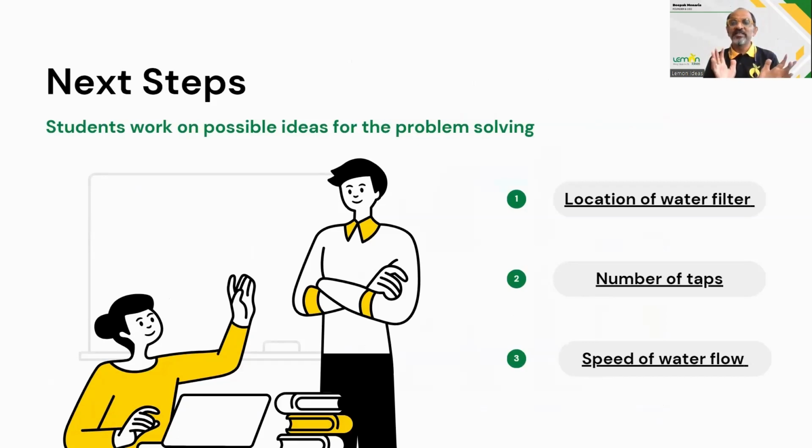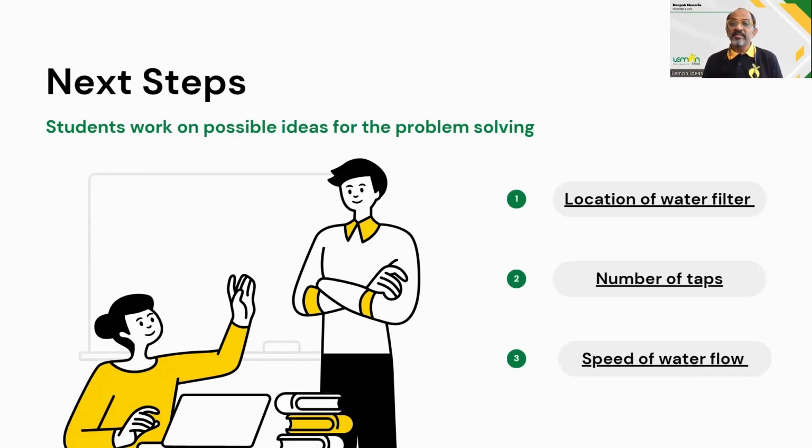It's just about one of the solutions, one of the problems that they are trying to identify. So they identify some possibilities. For example, location of water filter could be a possibility, number of taps in terms of how many children can drink water at a time, or the water flow in the tap. So that might be taking more time than expected, and children might be losing time. So there could be any of these possibilities.